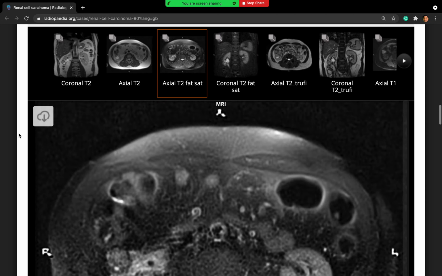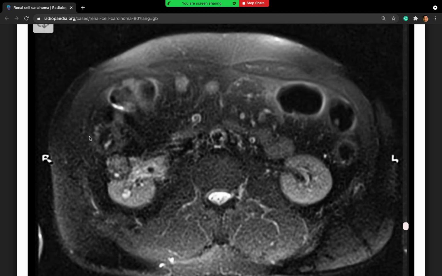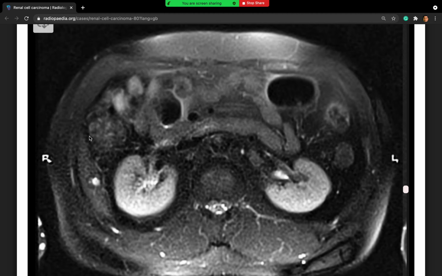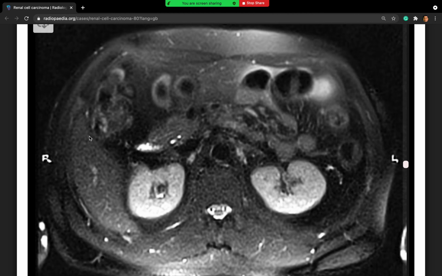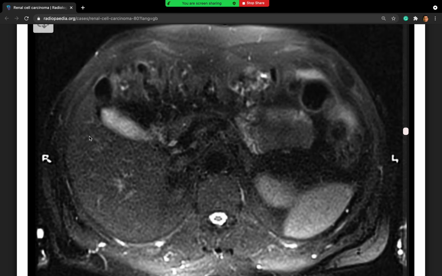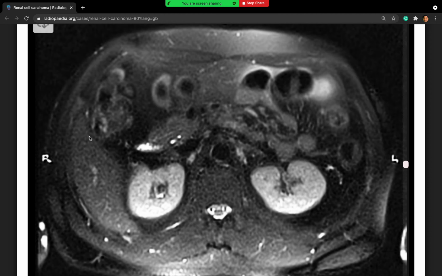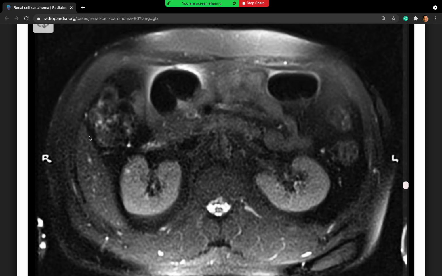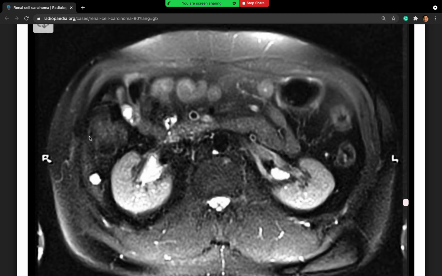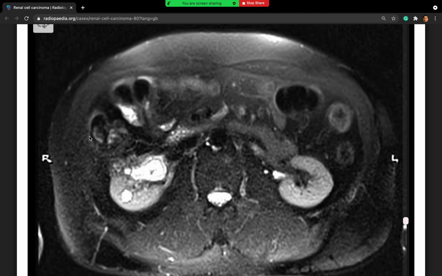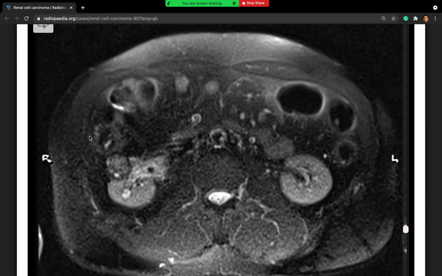This is the coronal view of the T2 enhanced mass, both MRI scan coronal and transverse views. I currently am seeing the transverse view, and on the right side there is some enhancing lesion in the midpole of the kidney, and on the left I cannot see any such lesions.